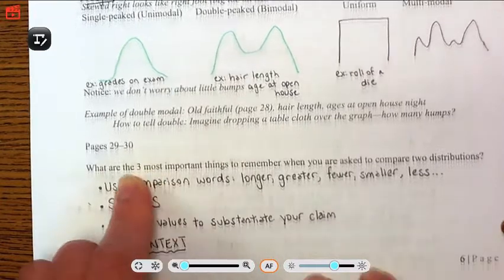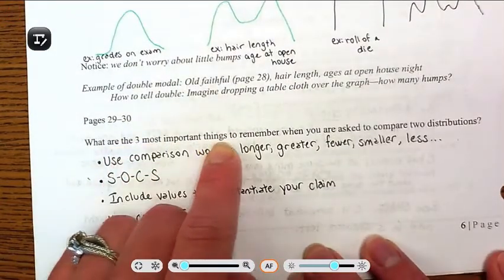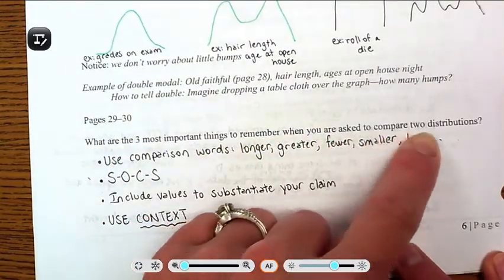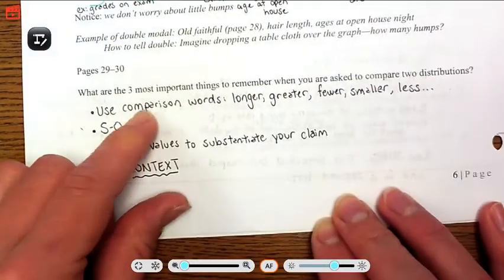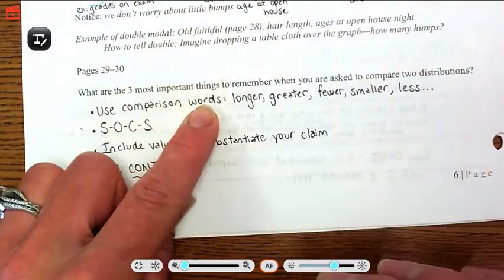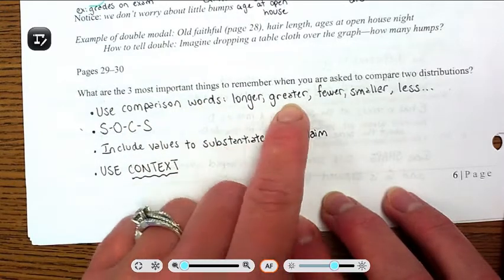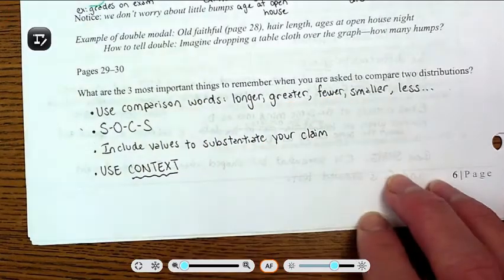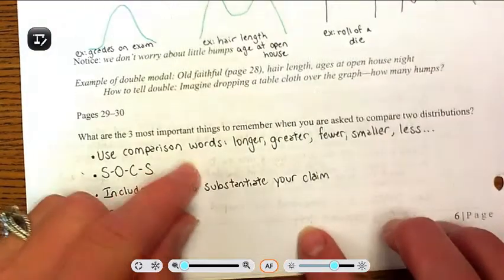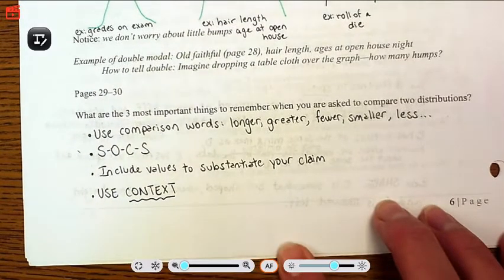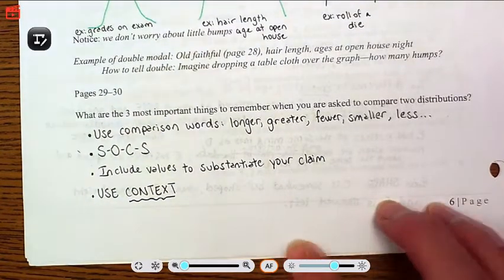all right. What are the 3 most important things to remember when you are asked to compare 2 distributions? Use comparison words. You must include a comparison word: longer, greater, shorter, fewer, more, less, smaller. So the spread is greater. The spread is less.